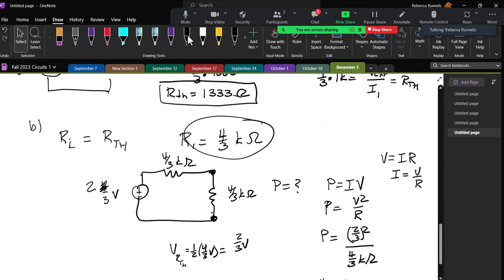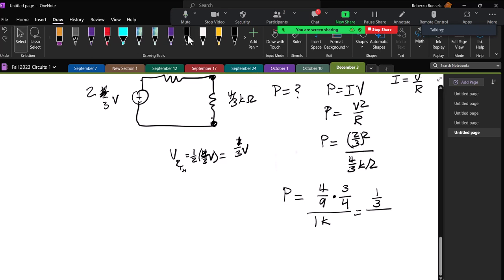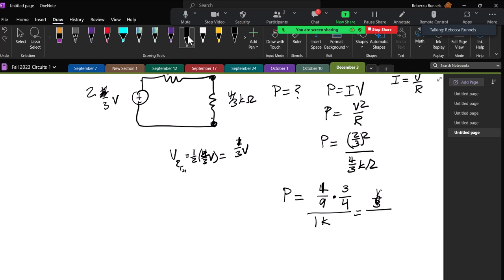It also means that the voltage drop across each one of these would only be 1/3, which would make this 1/9, which would make this 1/12 over 1,000, which would make this 0.083 milliwatts.